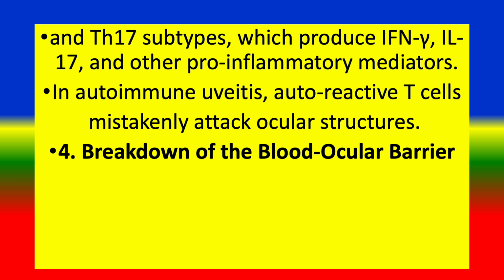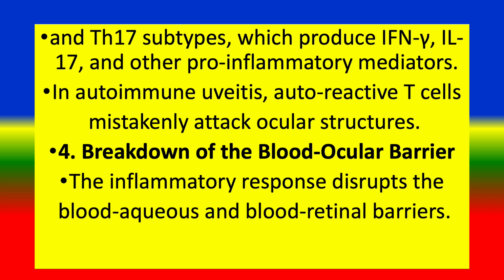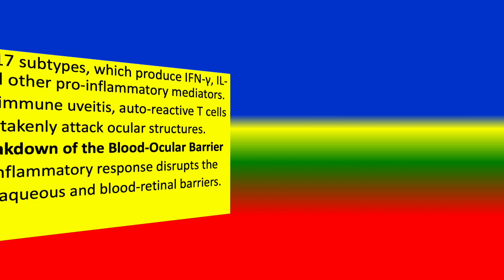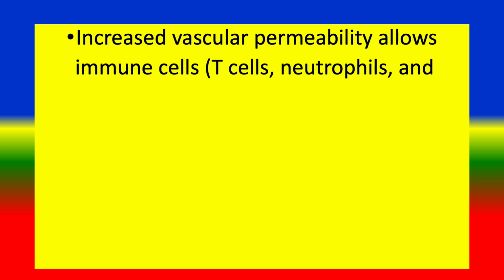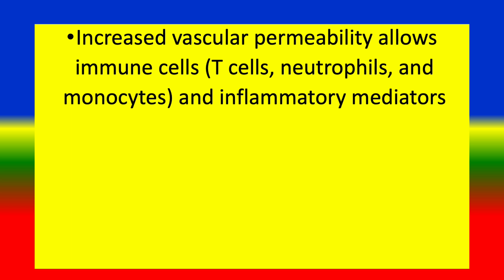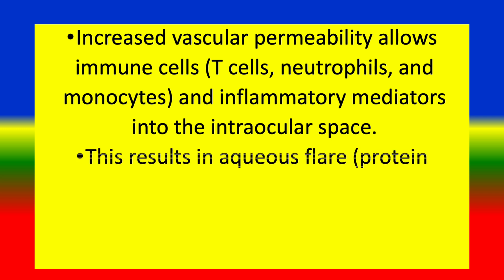4. Breakdown of the blood ocular barriers. The inflammatory response disturbs the blood aqueous and blood retinal barriers. Increased vascular permeability allows immune cells, T cells, neutrophils, and monocytes, and inflammatory mediators into the intraocular space.